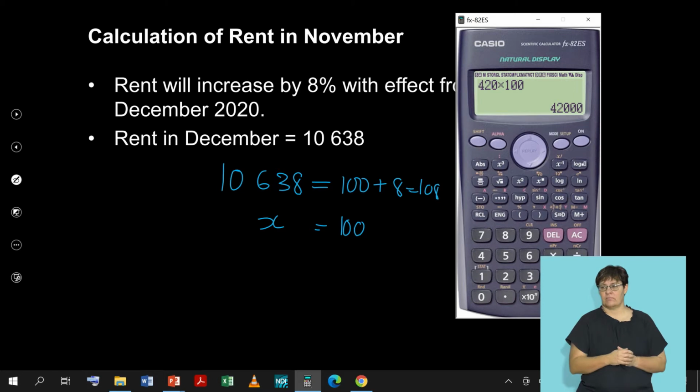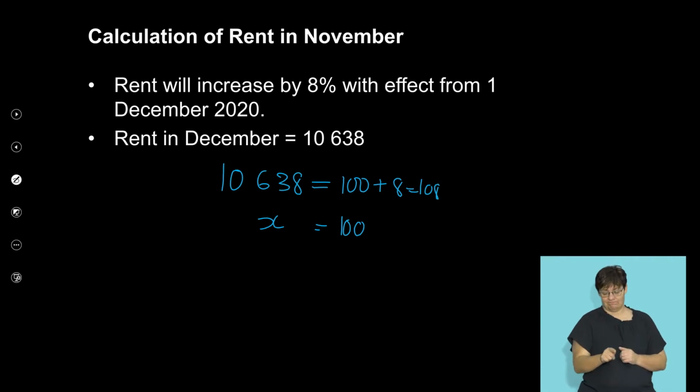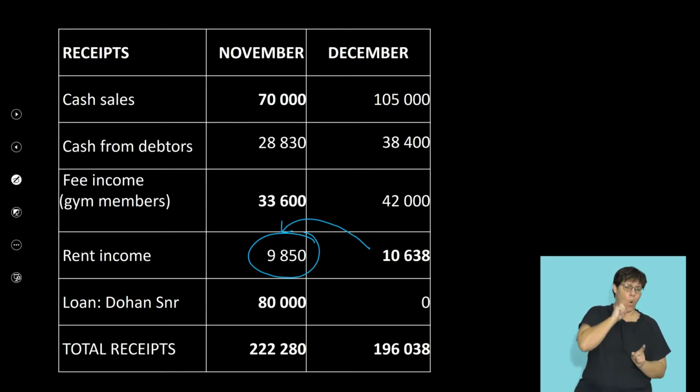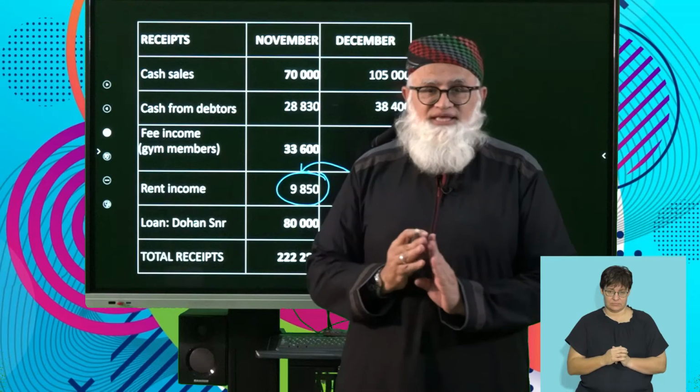We say 10638 times 100, divided by 108, and that will give me a figure of 9850. Clearly you can see here that that figure is your 9850, where you had to work backwards. Right? Can you see that? You had to work backwards. You were given the rental increased figure, you had to work out the rental prior, before the increase.